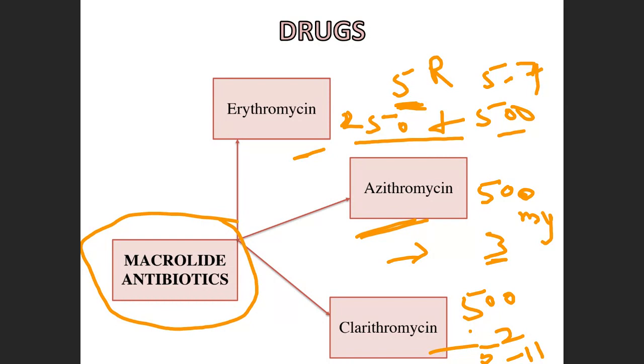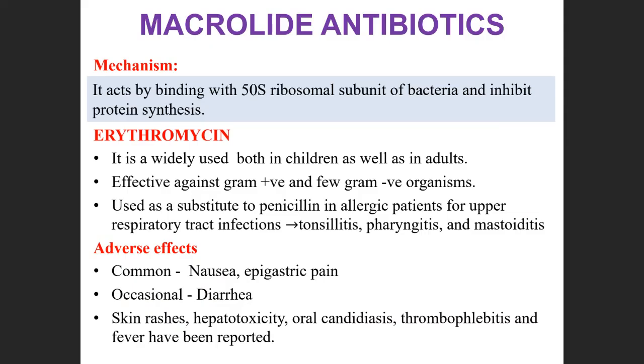Here these direct macrolide antibiotics are divided into 3 categories: erythromycin, azithromycin, and clarithromycin. How are these drugs acting? They act by inhibiting the ribosomal RNA. It binds to the ribosome in the RNA.